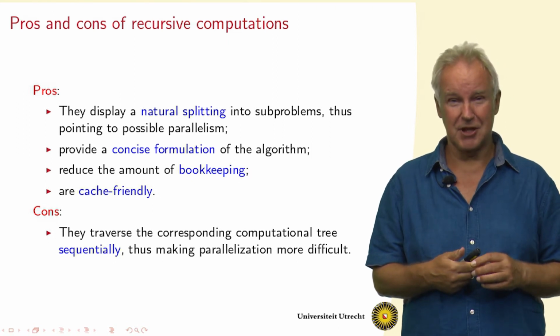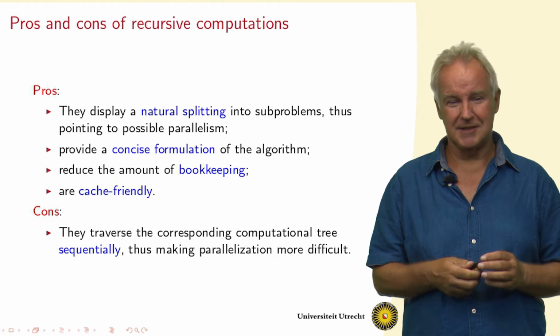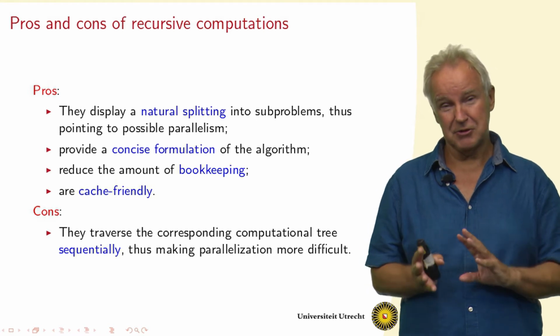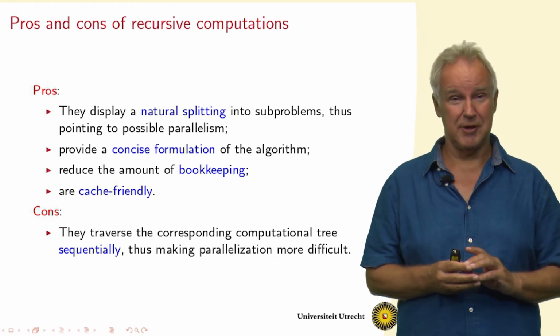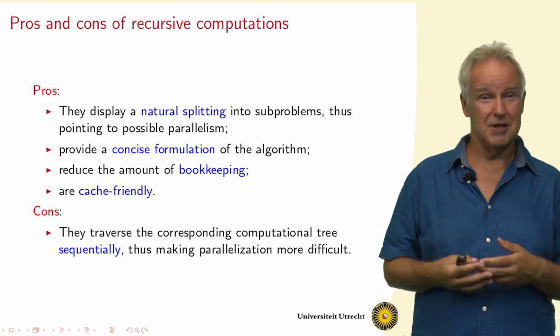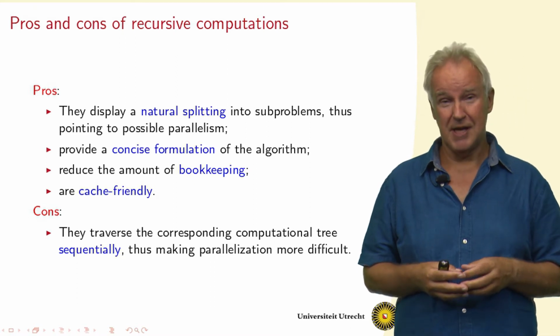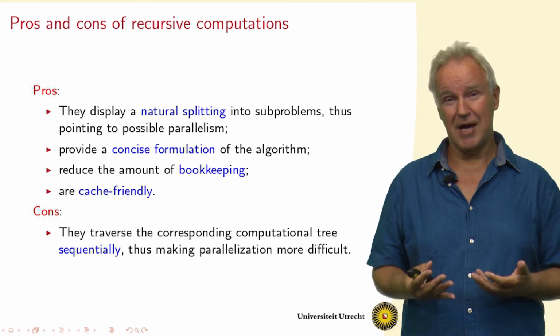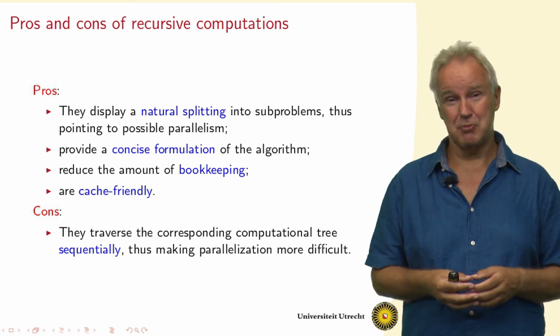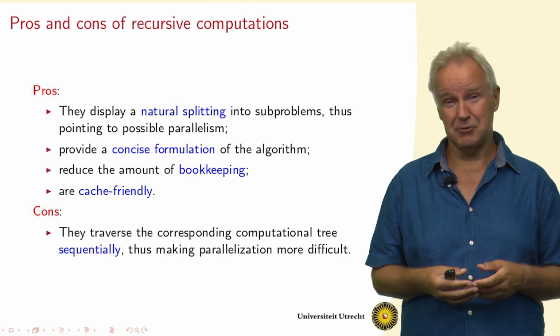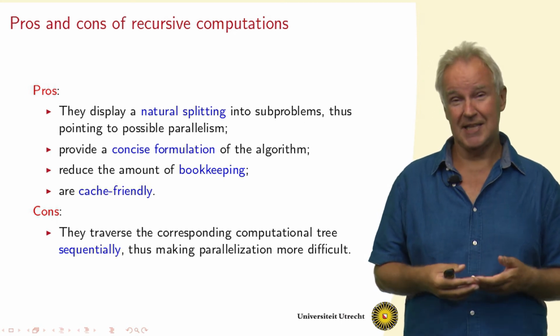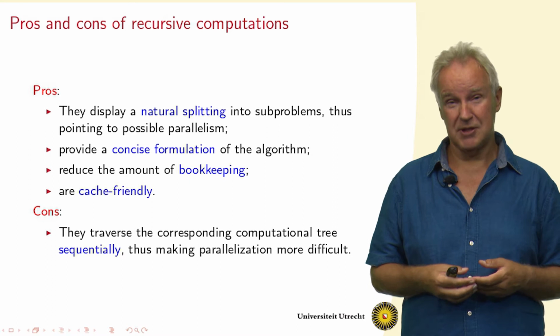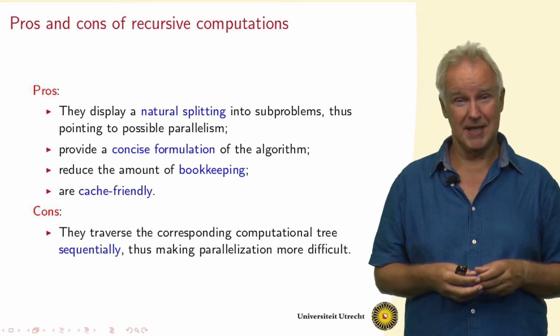It prevents a lot of bookkeeping, and it is a very concise formulation of the algorithm. And as a bonus, with the recursive algorithm, the problems that have been slimmed down to small problems may fit into the cache of a computer, and hence recursive algorithms can be very cache-friendly.